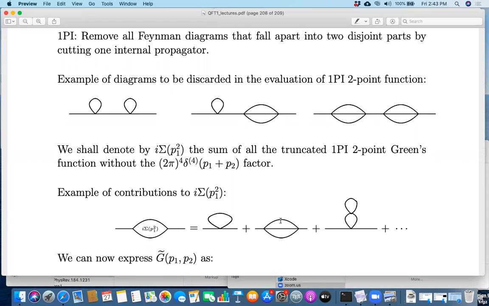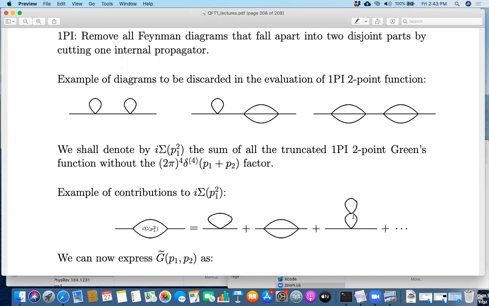Then there is i over minus L1 squared minus m squared from here, i over minus L2 squared minus m squared from here, and from here it will be i over minus (p1 minus L1 minus L2) whole squared minus m squared plus i epsilon. Those are the three factors that come from these three propagators. And then you have to integrate over the two loop momenta: the integral d^4 L1 by (2 pi)^4, the integral d^4 L2 by (2 pi)^4. So that's a contribution to i sigma of p1 squared.